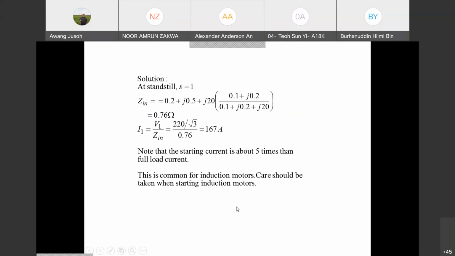If the current flows too high, it will burn the wires, and your machine will be dead. So be careful with the 3-phase induction motor. Alright. Any questions?